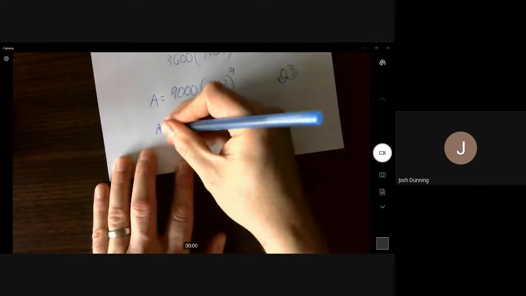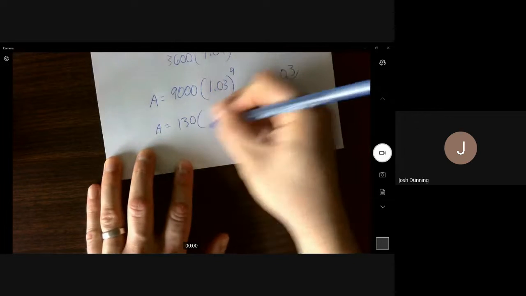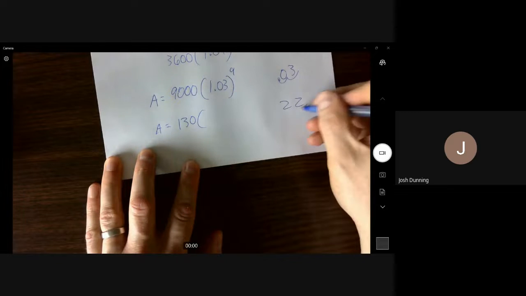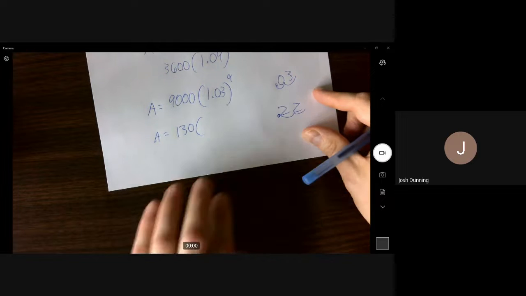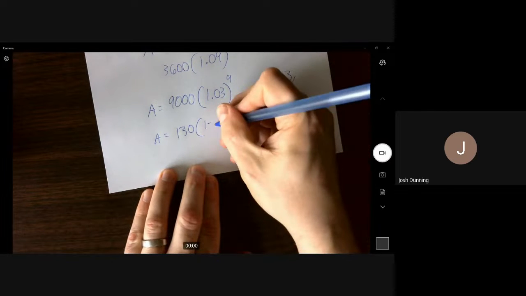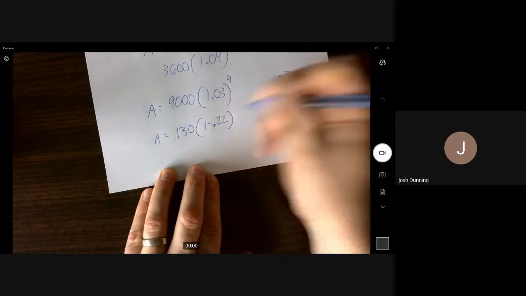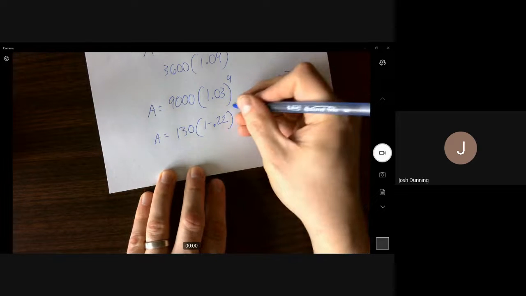So we start out 130 grams. We're losing once, twice. Hey, this time there's no zero to fill in. So 1 minus 0.22 after 7 minutes.